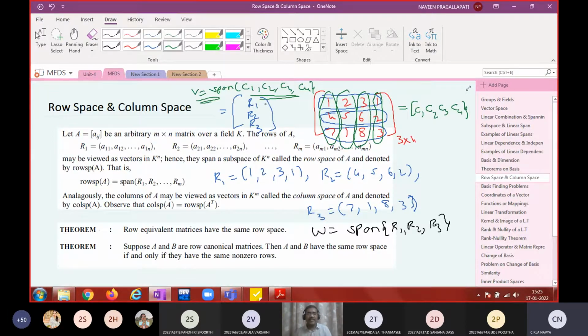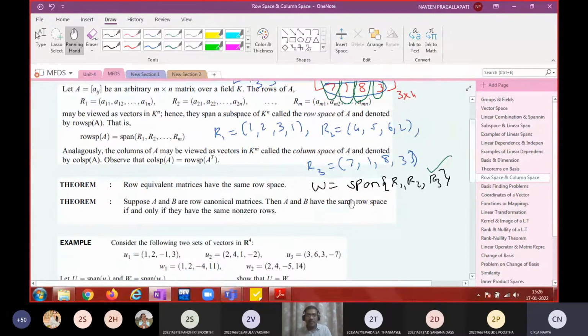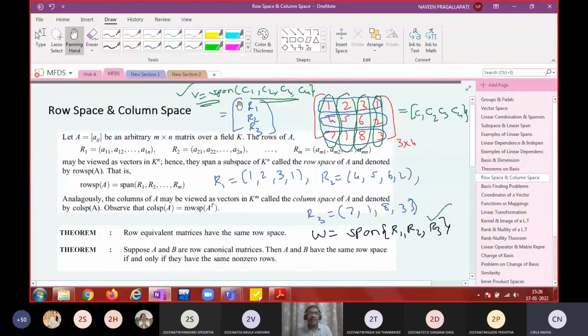And the result says that the dimension of the column space is equal to the dimension of the row space. This will have a certain dimension, and this also will have a certain dimension. The dimension of the row space is called row rank. The dimension of the column space is called column rank.